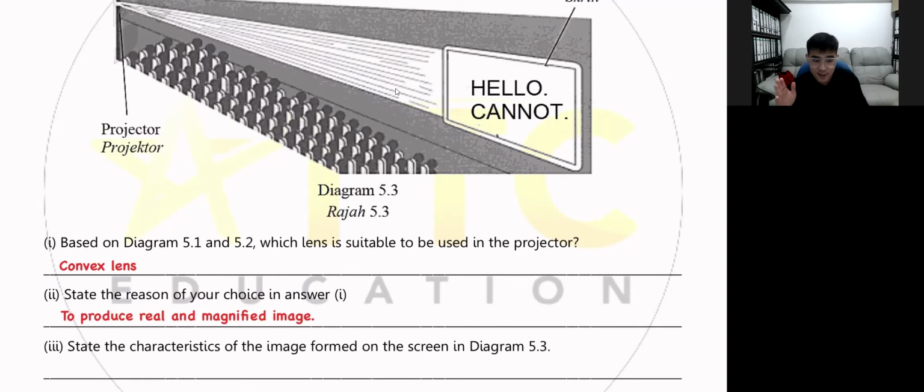At different distances, it produces different kinds of image for you. So you just have to adjust the distance between the lens and the object, and also the distance between the lens and the image, and you'll be able to produce different kinds of image. So you just have to adjust it until it produces a real and magnified image.